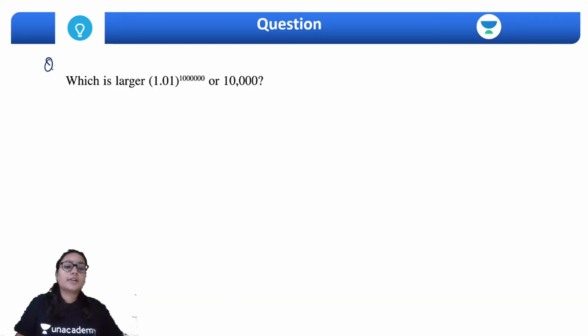Question number 2. Similar logic, please tell me which number would be the larger.